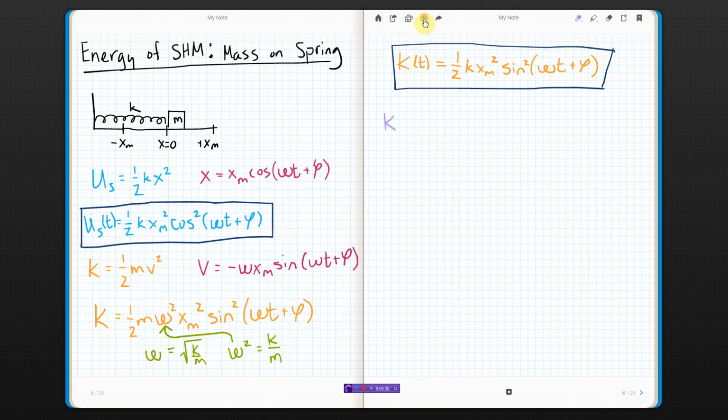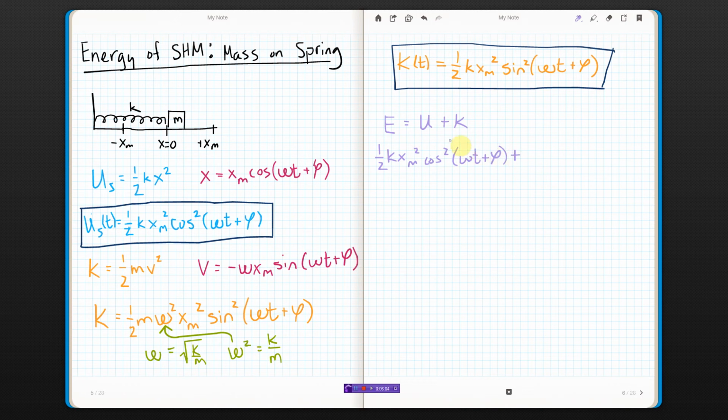Oops, that's not right. Total energy is potential plus kinetic, so I need to add these things. Well, okay, it's going to get a little long. I have potential is 1/2 k x_m squared cosine squared of omega t plus phi.